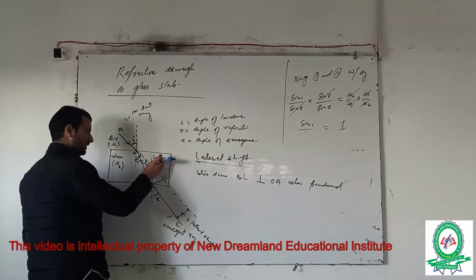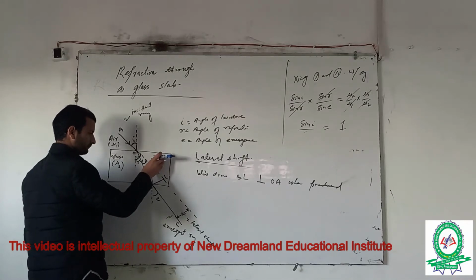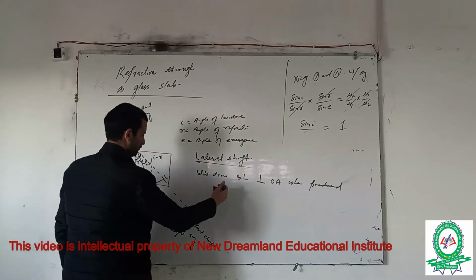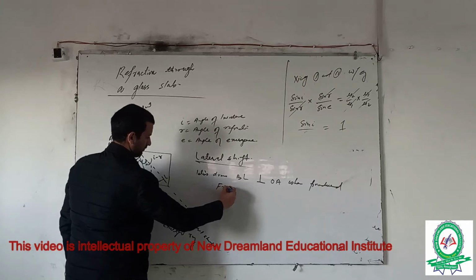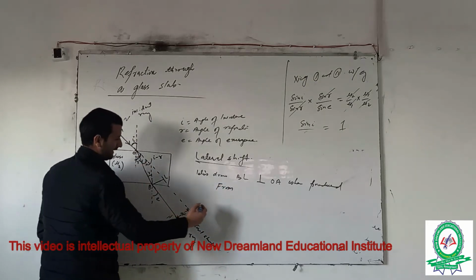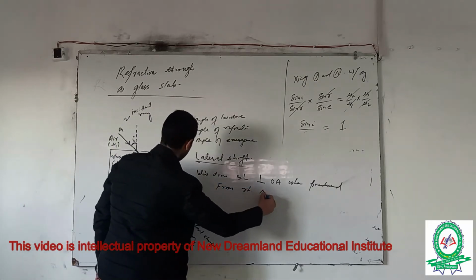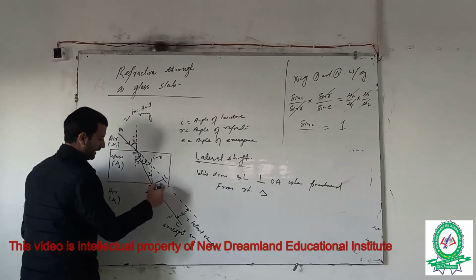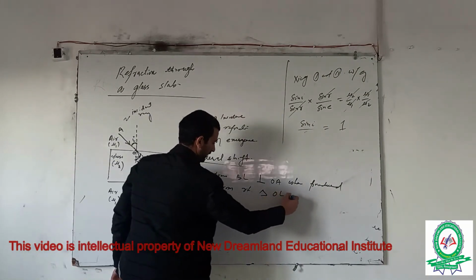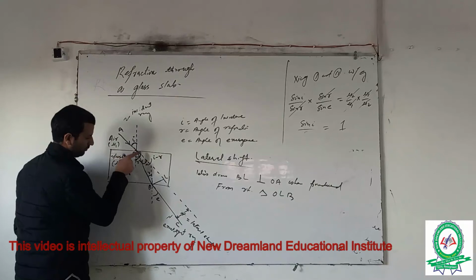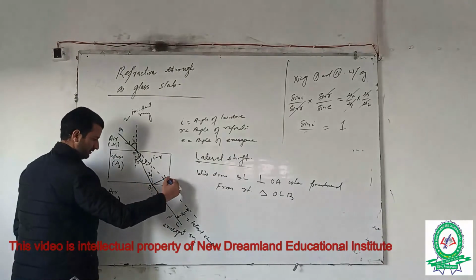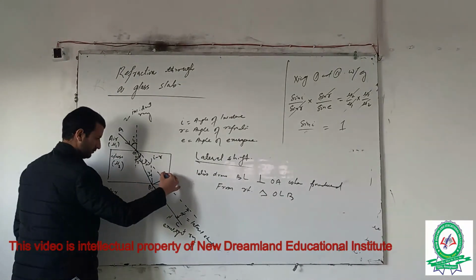Now let's calculate sine of I minus R from this triangle. So from right triangle OLB, this is this right triangle, O, L and B, ये यहाँ पे 90 डिग्री है perpendicular.